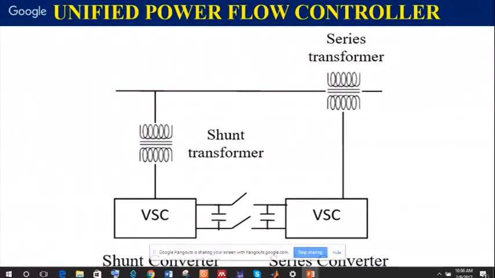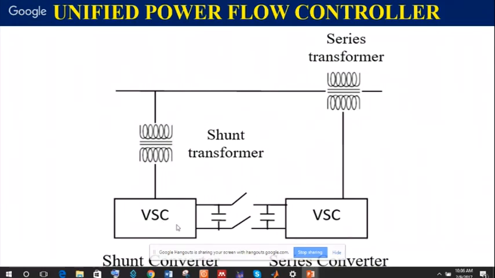That is, power flow is influenced by the sending end or receiving end voltage, the impedance, and the angle of the voltage at which power is flowing through the line. So this contains two voltage source converters.